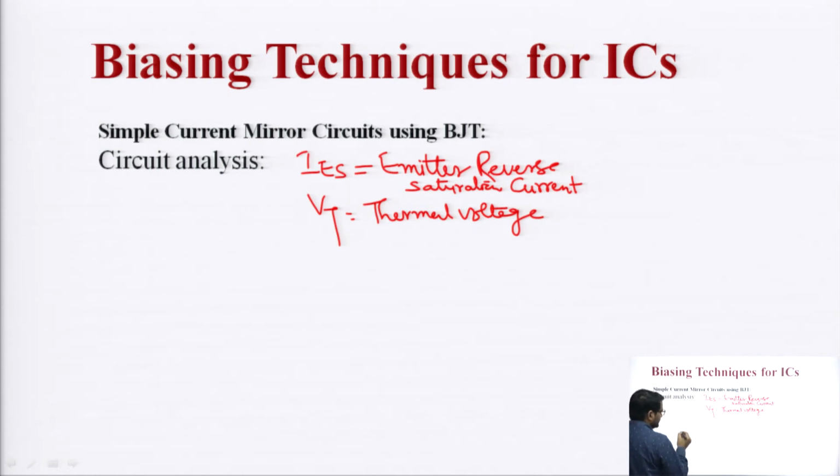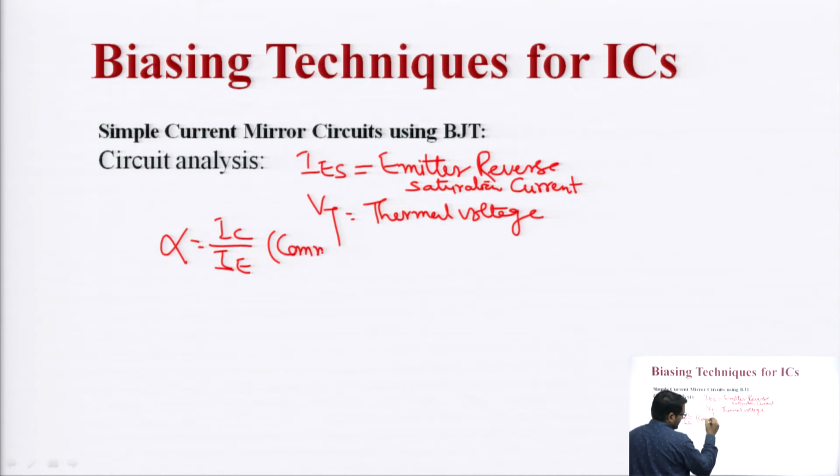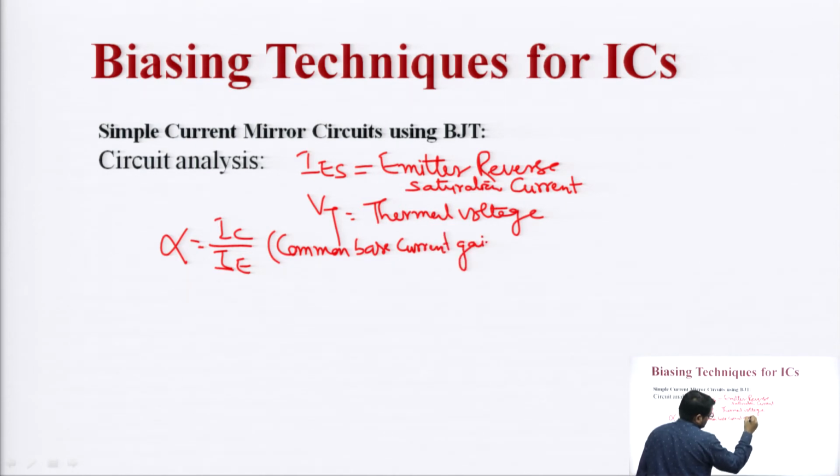We also know that alpha is IC upon IE. This is the common base current gain, equation 4.